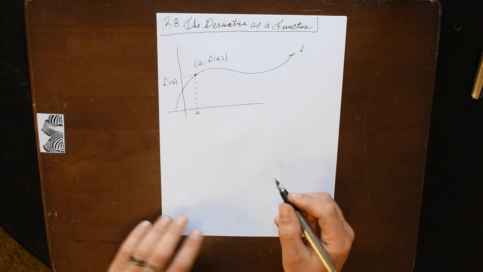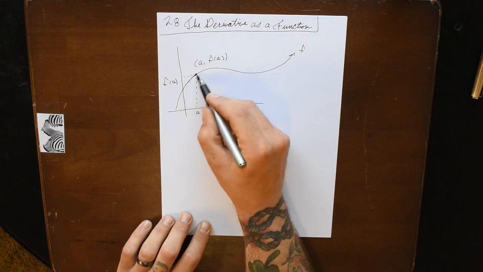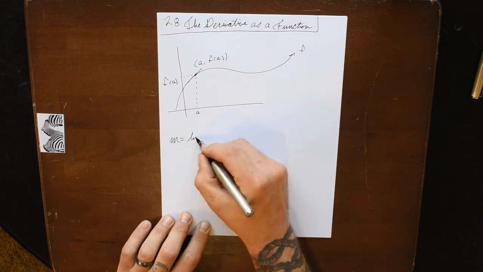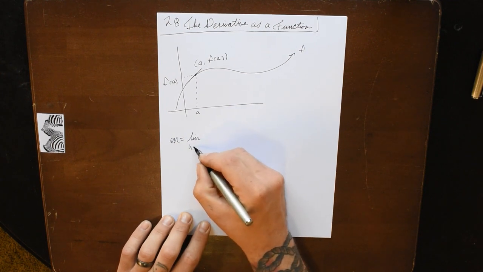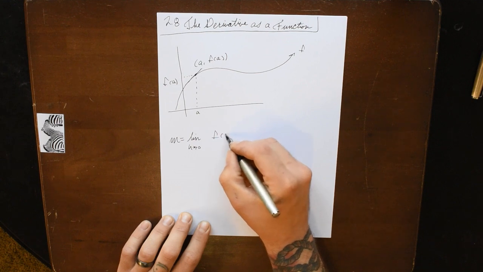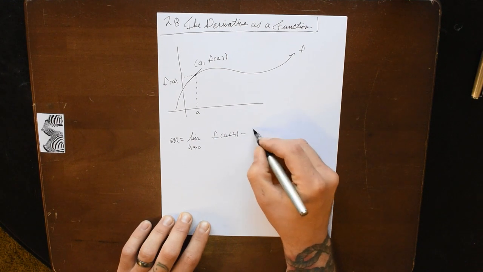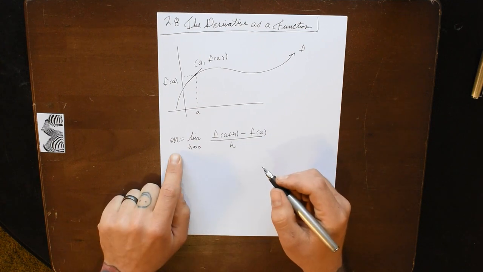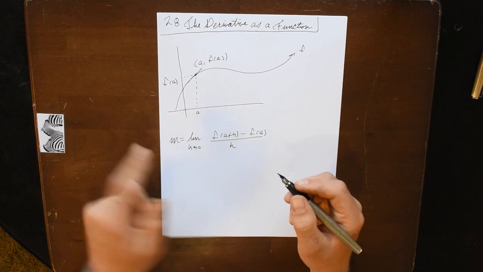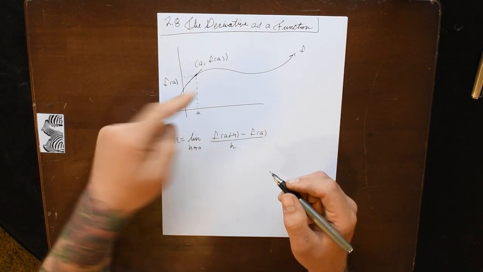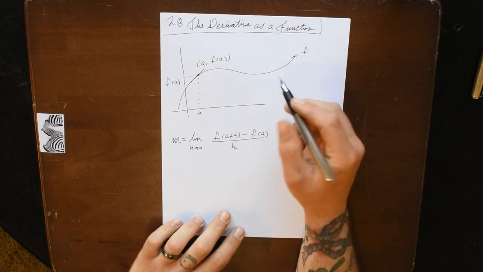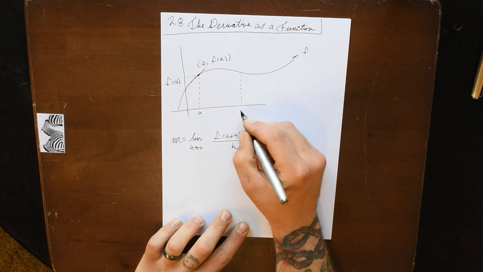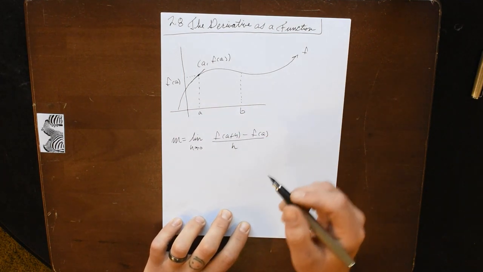To get the slope of the tangent line, we would use the formula m is equal to the limit as h approaches 0 of f of a plus h minus f of a, all over h. And that would give us the slope of this tangent line. And then if we wanted to find the slope over here, I'm going to call it b, just so we don't confuse these 2 points.